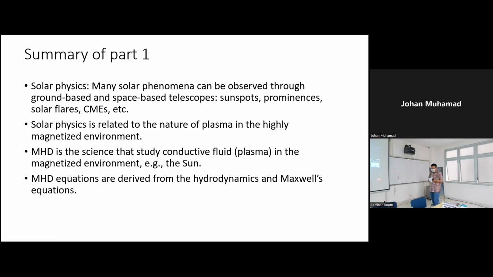And also, now there are so many solar observers in space. Some of them observe the sun in very extreme conditions. One of them is the Parker Solar Probe, the PSP spacecraft.